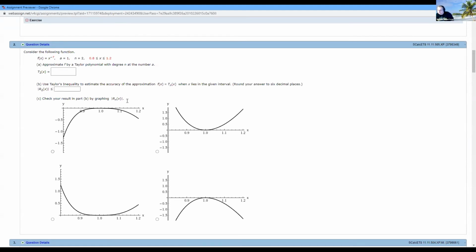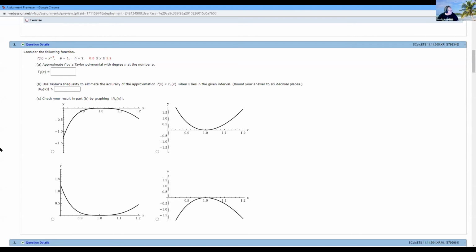So if I had a Taylor series T4 and I was using it to approximate sin x when x is 1.4, what would the error look like? And that's basically what this is. It's the remainder function to x. That would be the one that you would get with T2 of x.